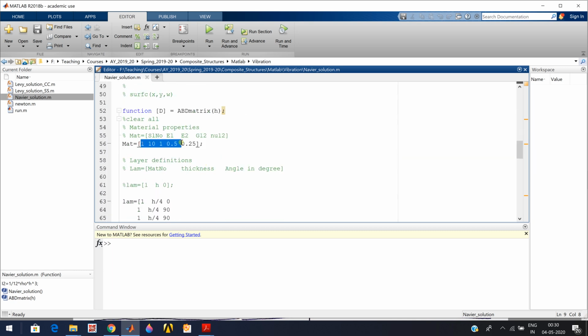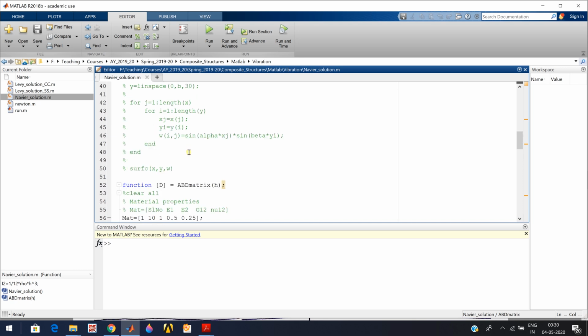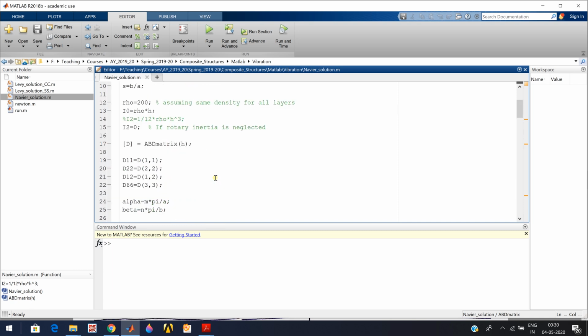Here you can see these are the material properties taken. E1 is 10 times E2, where E2 is taken 1, and then G12 and mu12, and this is the laminate sequence, the symmetric one, and then for that we get D matrix, D11, D22, etc.